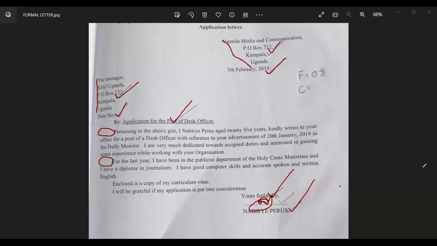The maximum you can have is 6. So if an informal letter can be written on just 1 page, a formal letter can go as far as the next page, but 2 paragraphs is very small. It means you have written very little. If we don't have any questions, I can now share the other formats.